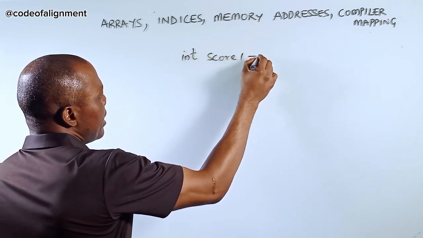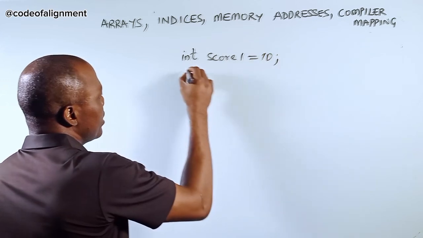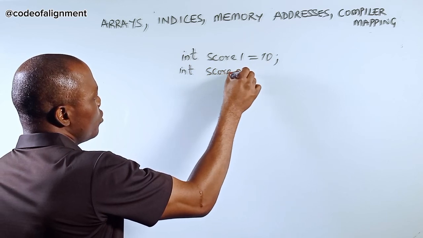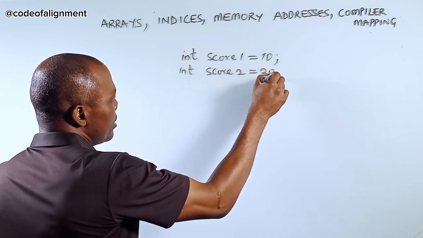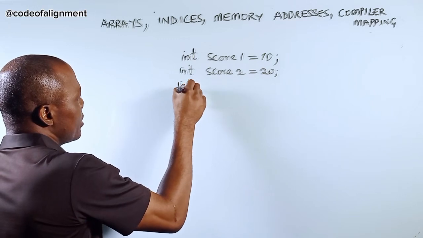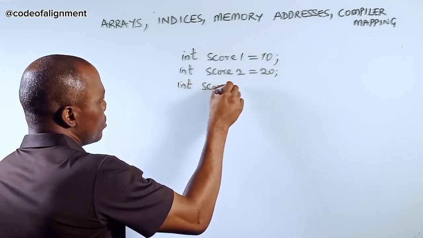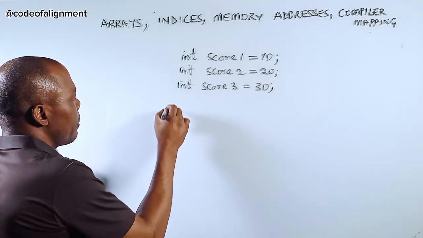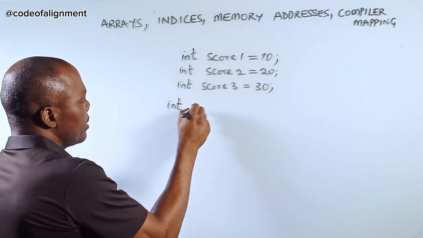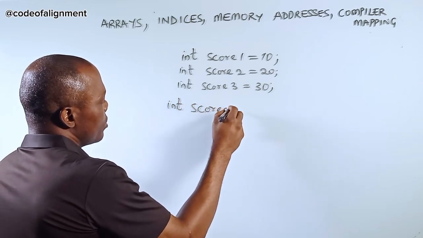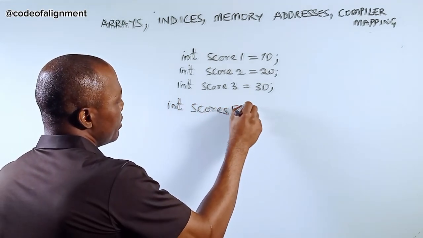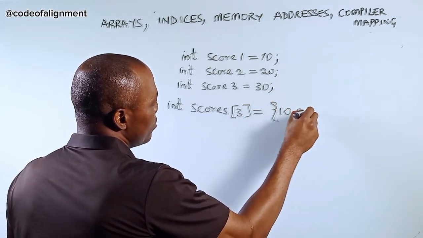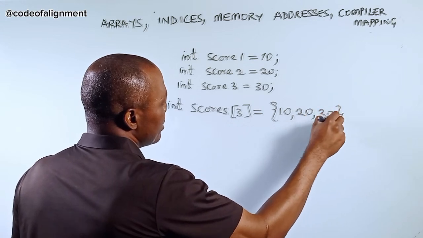So based on that definition, instead of saying int score1, right, assign 10 to it, then int score2, assign 20 to it, int score3, assign 30 to it, we can say int scores[3], assign then these elements 10, 20, 30, right?